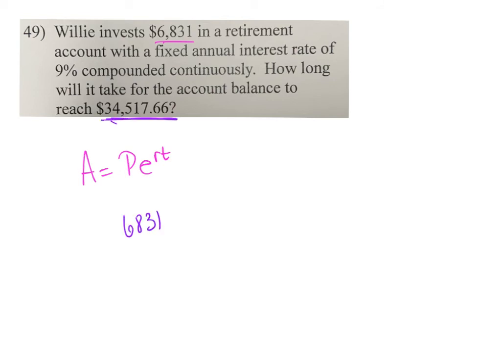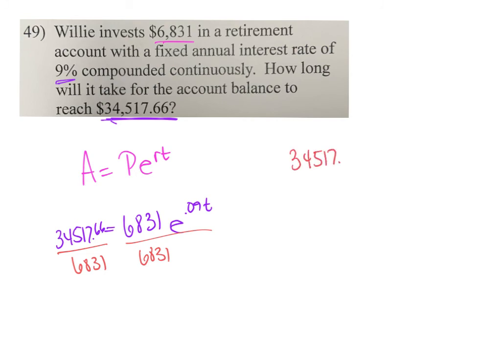This is your final amount. 34,517.66, e to the r, that's your rate, t. And then you're just going to solve like you would those problems. You're going to divide by the 68.31. So you'll have 34,517.66 divided by 68.31, e to the 0.09t.